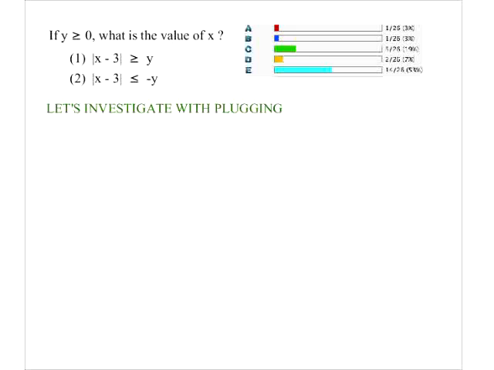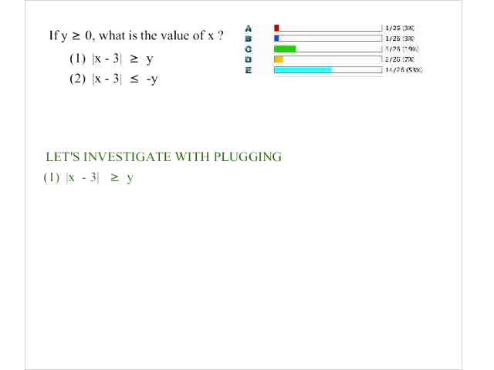Okay, statement 1. Absolute value x minus 3 is at least as big as y. And we're looking for x. Okay, somebody give me some x and y that make this work. And again, first of all, before you even do that, let's make sure that we know what we're looking for here. What would sufficient mean on this problem, and what would insufficient mean?